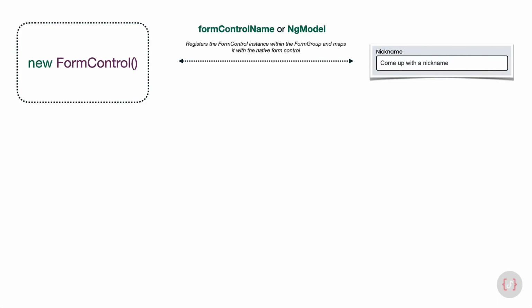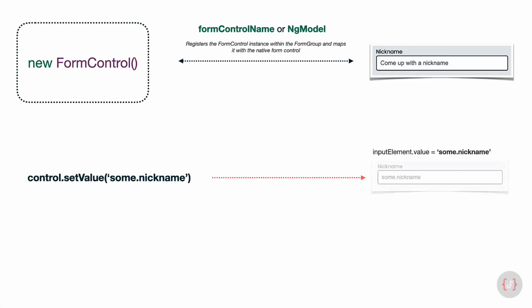But it is not enough just to establish a connection or relationship. For proper work, we should care about the state synchronization between them, right? Because I can set some value on the model side, it obviously should be reflected on the view side by assigning this new value to the value property of the input element, right?